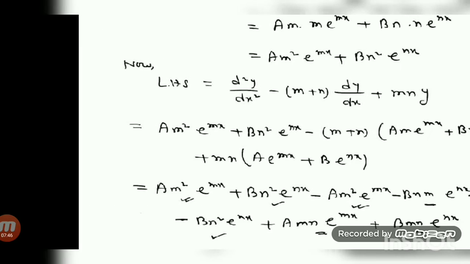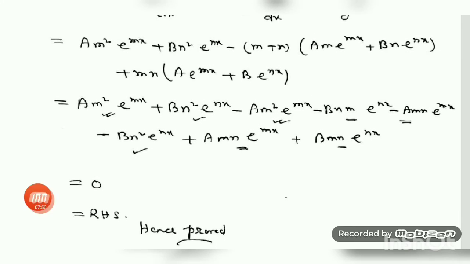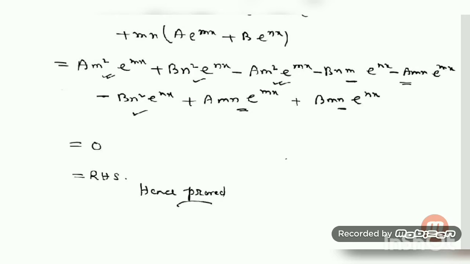And here amn and this one, okay. Now I just give the same symbol to denote which ones I have to cancel out. This one is cancelled with this one, this is cancelled with this one. Plus minus cancel out. So what is left? 0, which is your right hand side, and hence the result we got.